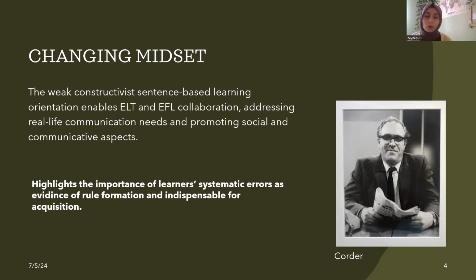Instead of this, we should always have a space for errors and mistakes, and we don't force them to be native. We should approach the cognitivist approach, and we should make them think, make them be respectful, and make them learn in this way.